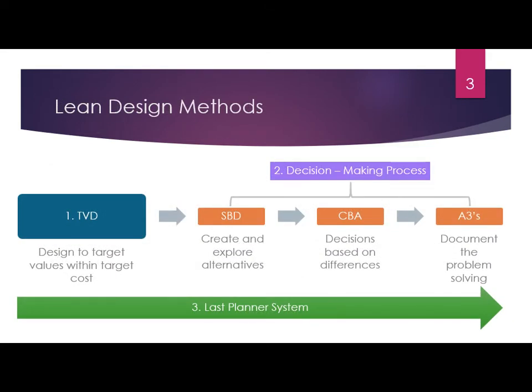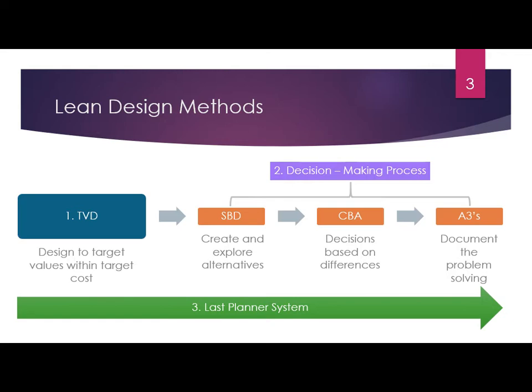So what do I mean by lean methods? Just an overview. In target value design, what we want to do is to design to target values. So discover those values, what the client wants, what we are delivering, and also deliver it within the target cost. In order to do that, we actually have to make many decisions. It's an iteration of decisions in the design of a project.